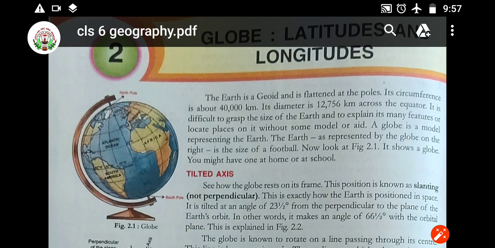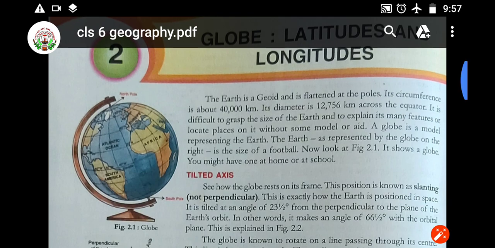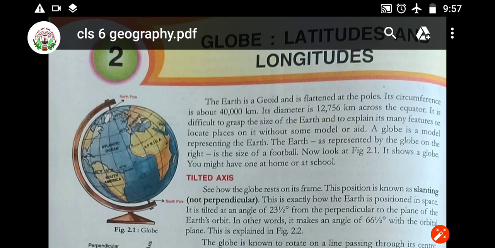So, we require a model or an aid. A globe is a model representing the earth. Exactly how our earth looks from space, in the same manner a globe is made. The earth as represented by the globe on the right is the size of a football.